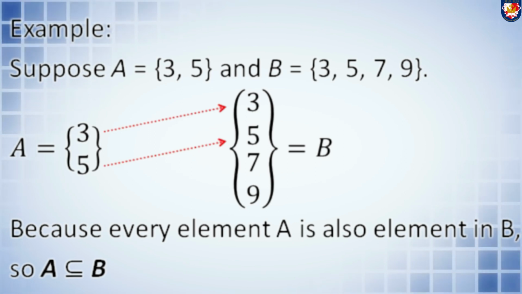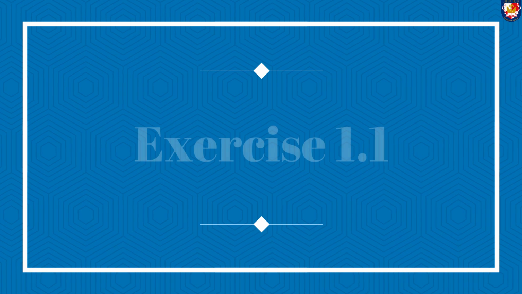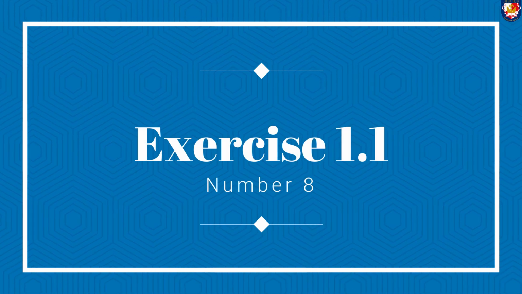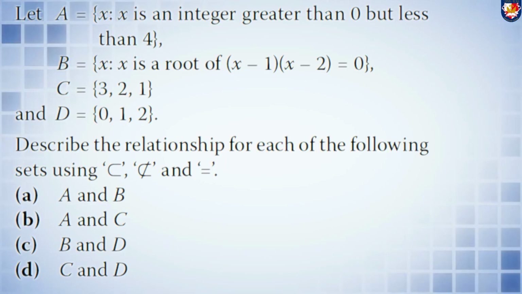For the next slide, I want you to open page 9, exercise 1.1, number 8. As you can see on the slide or in your book, list every element in each set. For sets C and D, the elements are already listed.